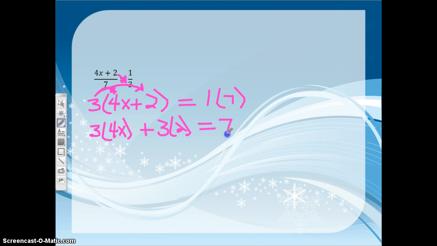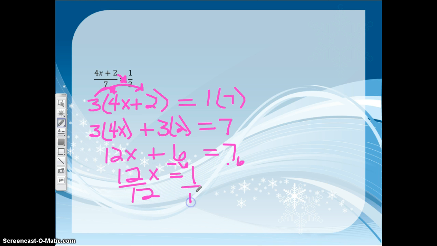1 times 7 is 7. 3 times 4x gives us 12x. 3 times 2 is 6. Subtract 6 from both sides. Should have done that with a little more room. Gives us 12x is equal to 1.